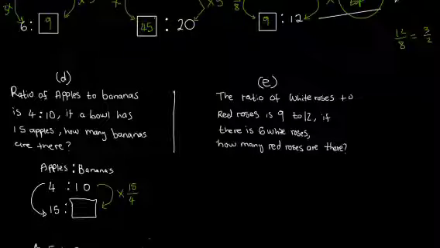So you will say 10 times 15 and then divide by 4. If you do that, that will give you 37 and a half.